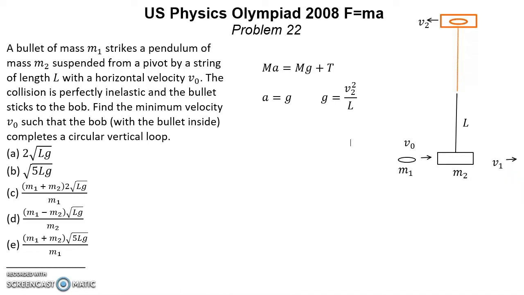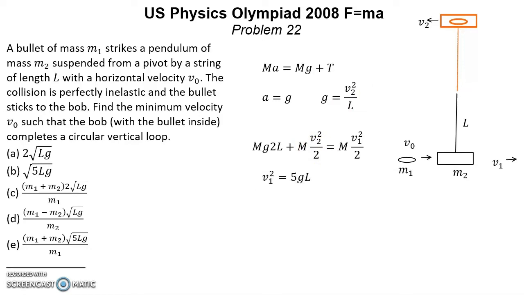It means that kinetic energy at the highest point plus potential energy compared to the lowest point is equal to kinetic energy at the lowest point. So here we can use this expression, substitute it here, and find that v1 squared equals 5gL.